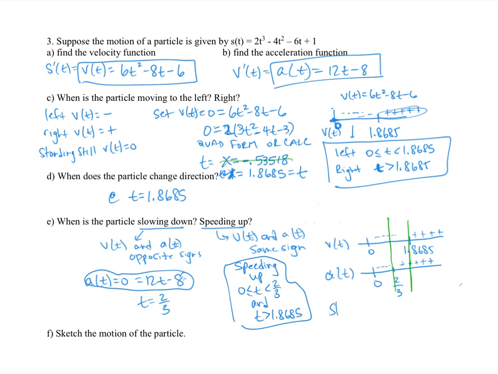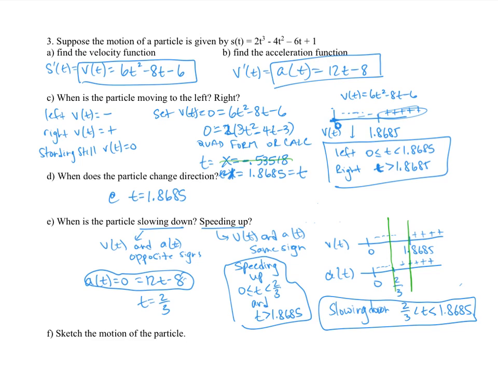Let's do the slowing down. This will happen when they are opposite signs, and let's take a look at our graph right here. This is a negative, these are positives. So it happens when they are opposite signs, and in this case, it's going to be between 2/3 and 1.8685.